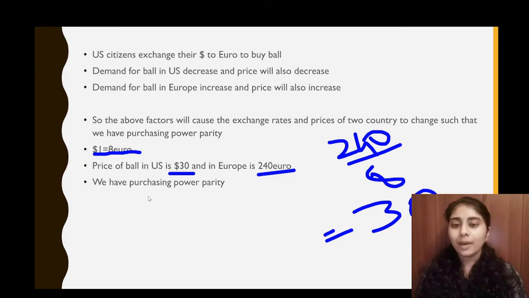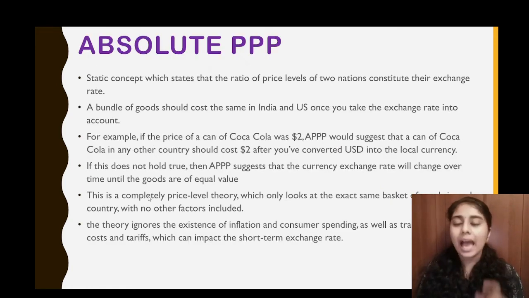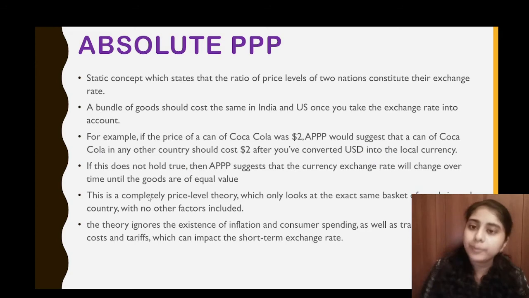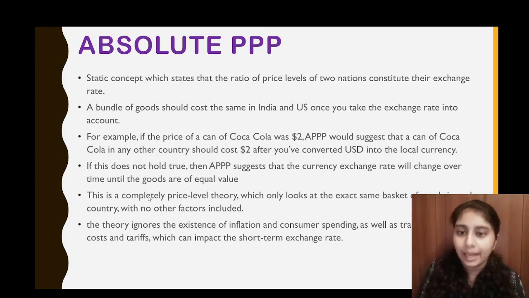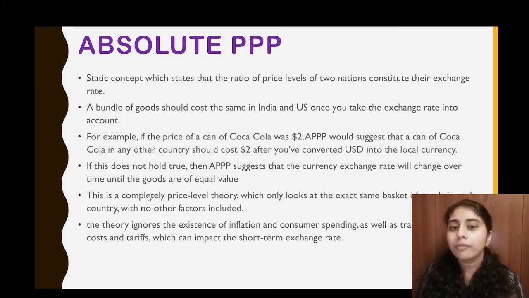Okay, so now let's move on to the next topic, that is absolute purchasing power parity. So what is absolute purchasing power parity? It is a static concept which states that the ratio of price levels of two nations constitutes their exchange rate. That is, a bundle of goods should cost the same in India and the US once you take the exchange rate into account.